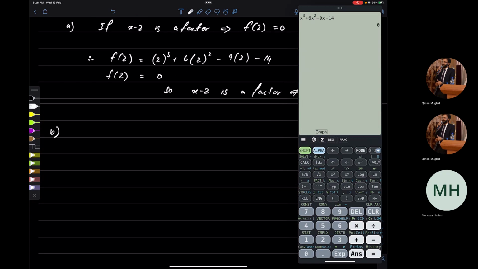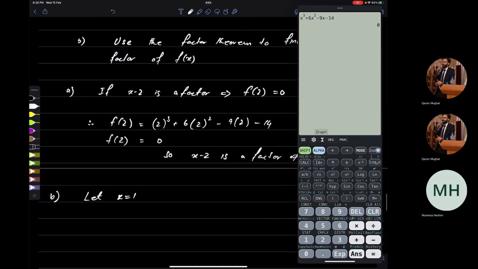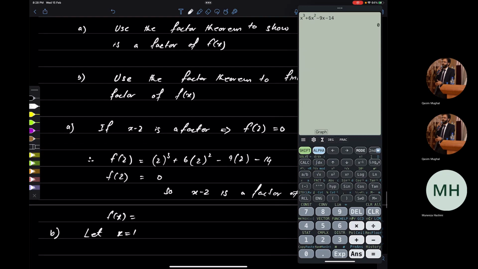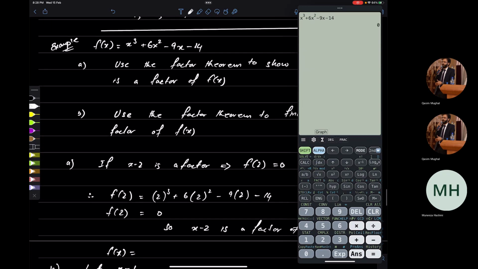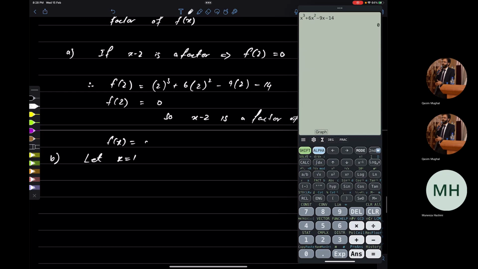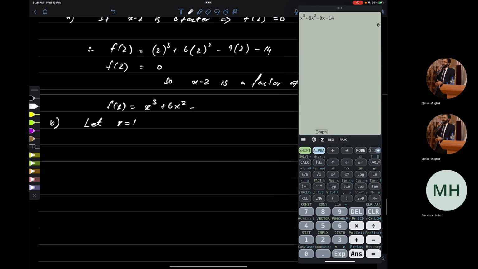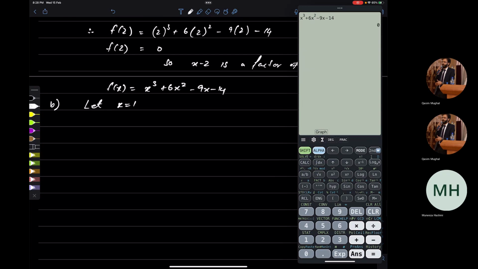So let x equal 1. I'm going to put down the function here. f of x equals x cubed plus 6x squared minus 9x minus 14. So let x equal 1.